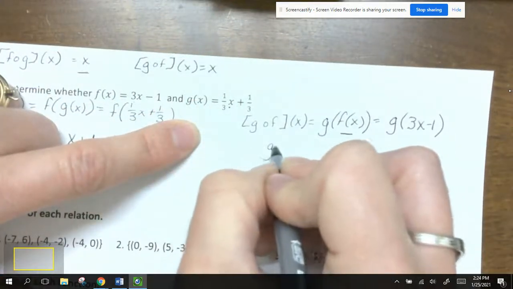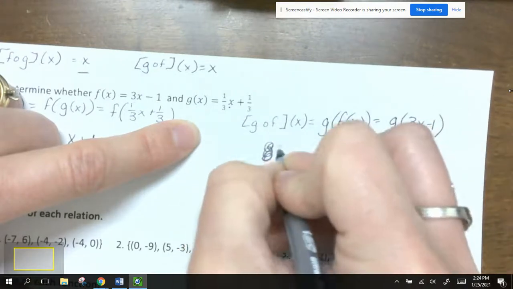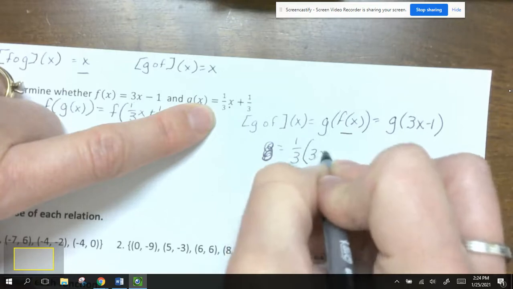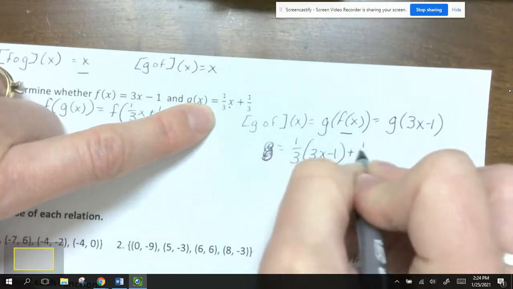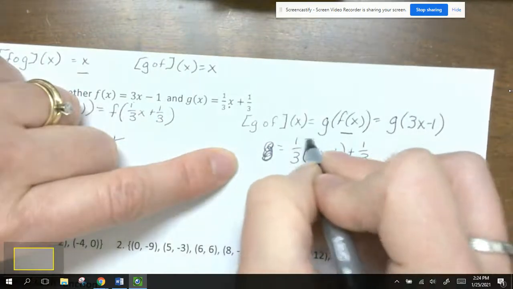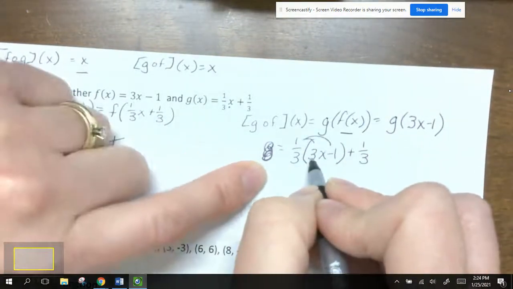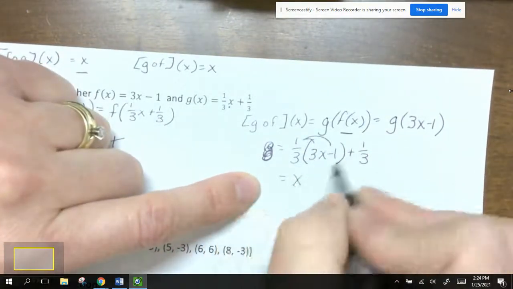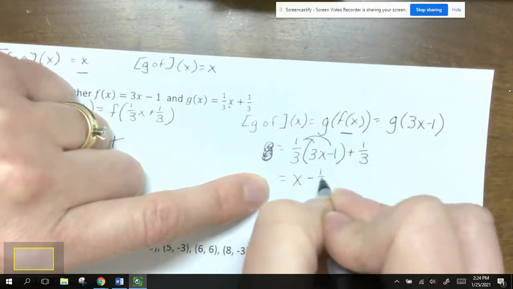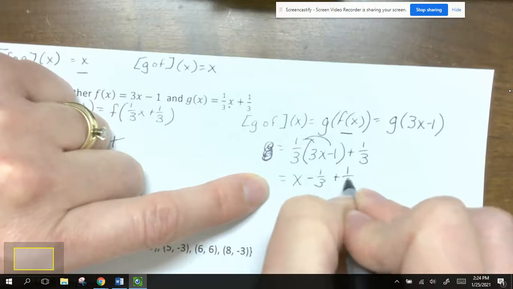Sorry, I shouldn't put the g there. So now we're going to put 1/3 times (3x - 1) + 1/3. We've got to distribute here. 1/3 times 3, that's 1x. 1/3 times -1 would be -1/3. And then we have plus 1/3.